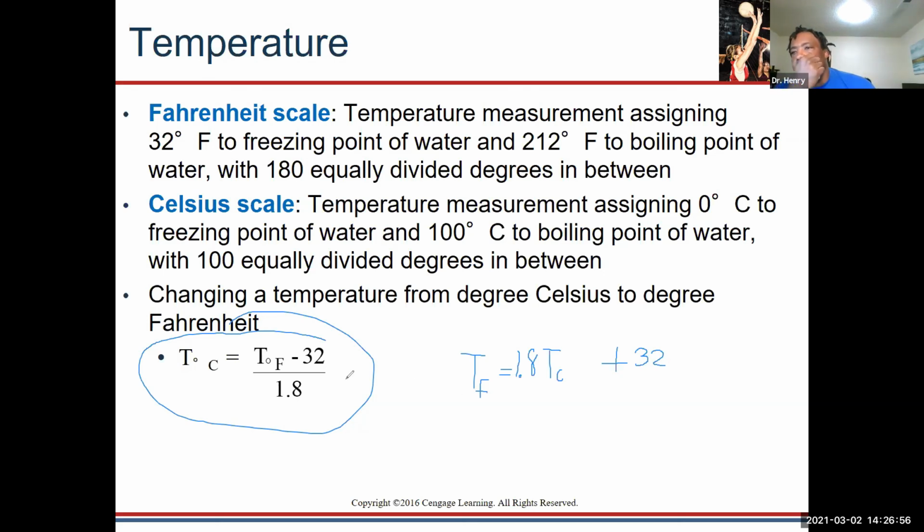So let's put 212 Fahrenheit into this equation: 212 minus 32 is 180, over 1.8, which equals 100.